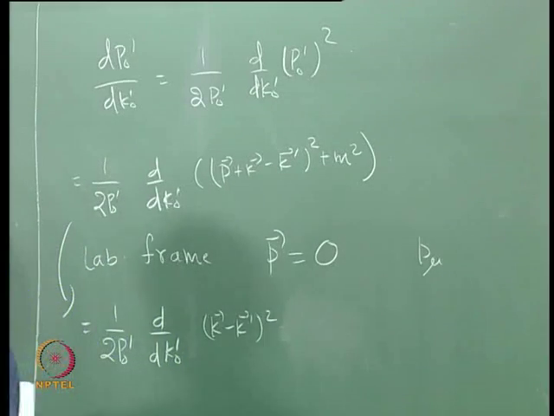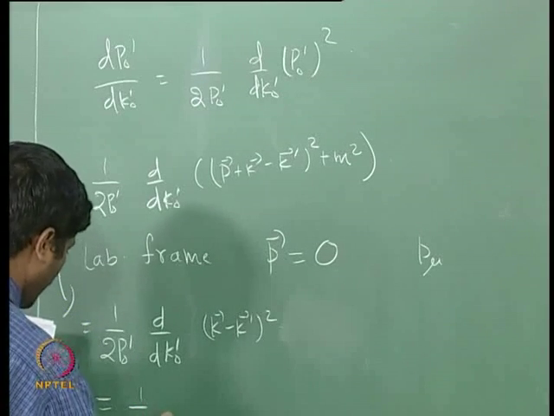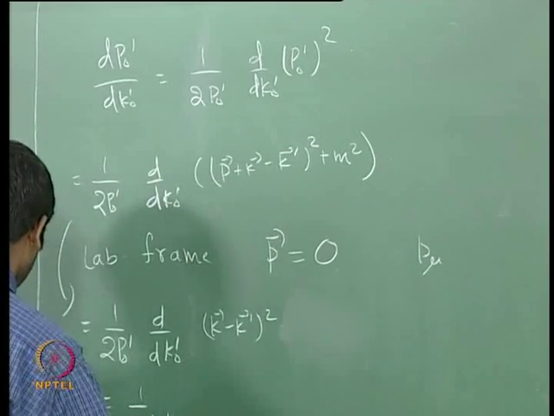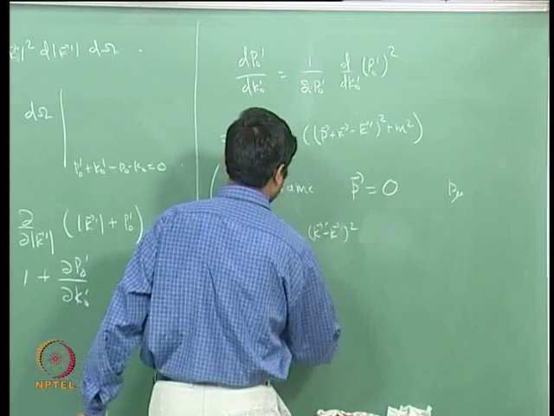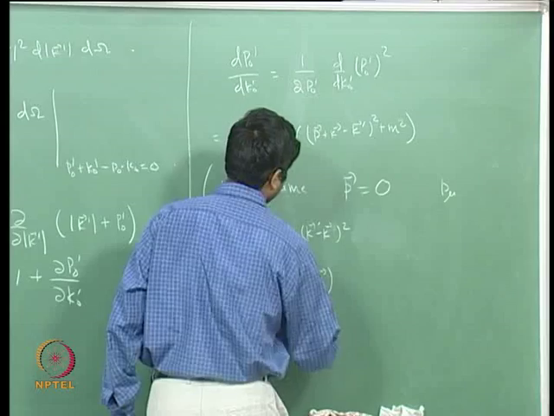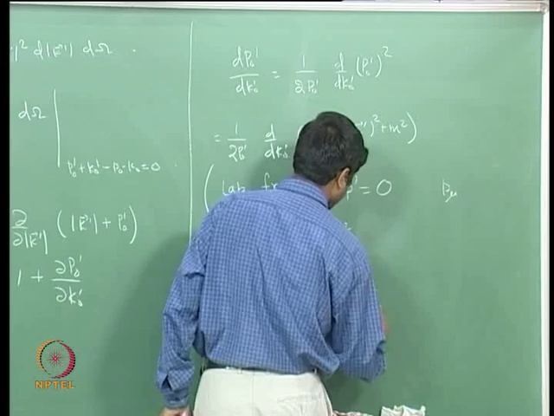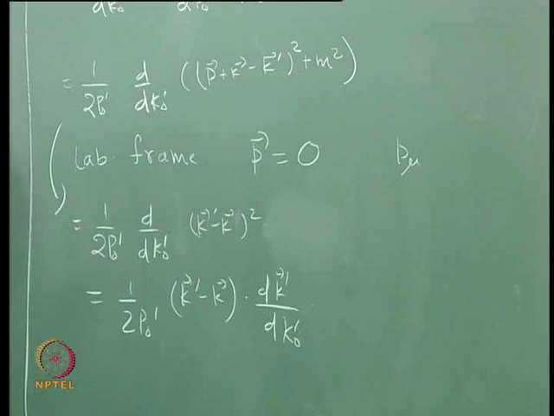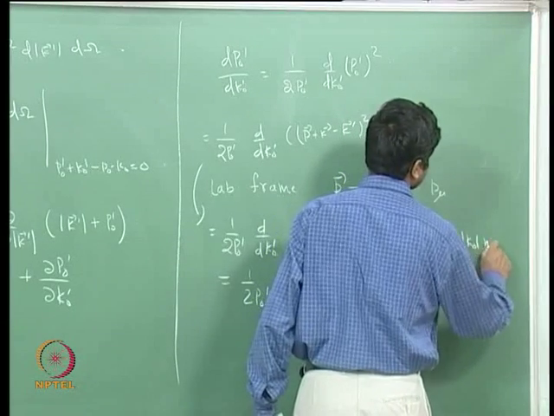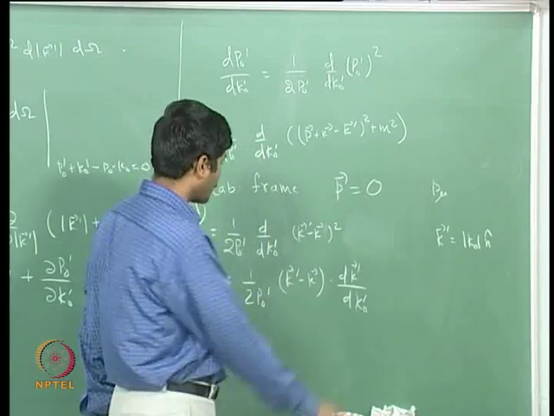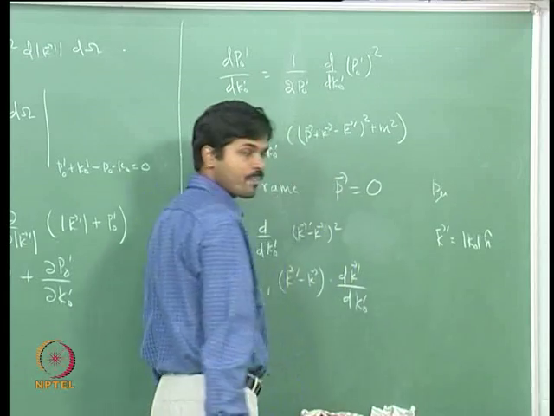So, one over 2 p0 prime, let us write it as k prime minus k whole square. So, k prime minus k dot dk prime over dk0 prime, right. K prime is nothing but mod k0 times a unit vector along this direction. Therefore, dk prime over dk0 will be simply equal to k prime over k0.